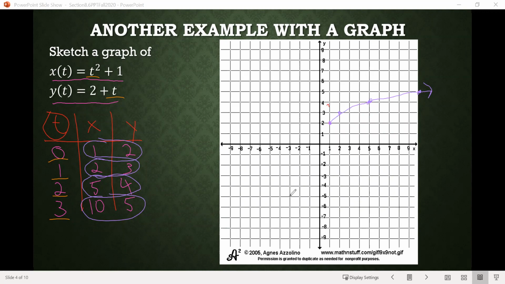Well, this first point right here came with t equals 0. So that might be like the starting point at 0 minutes or 0 hours or whatever. The second point could be, again, where it was after 1 second, 1 hour, 1 minute. The third point here could be where it was after 2 minutes, 2 seconds, 2 hours, and so on and so forth, right? So you could see how this might be a way to track movement.